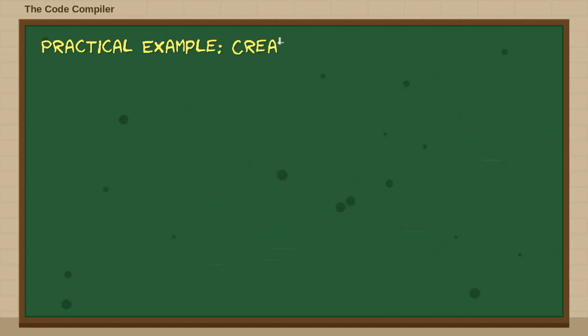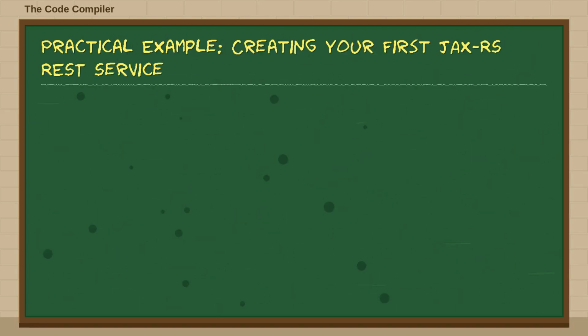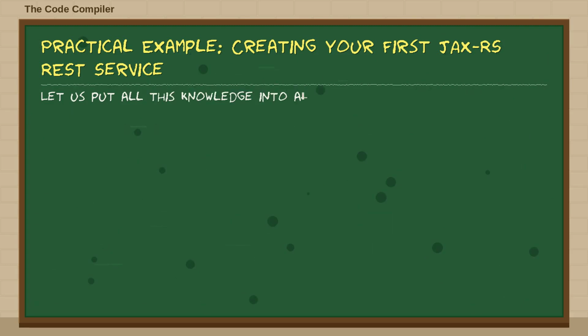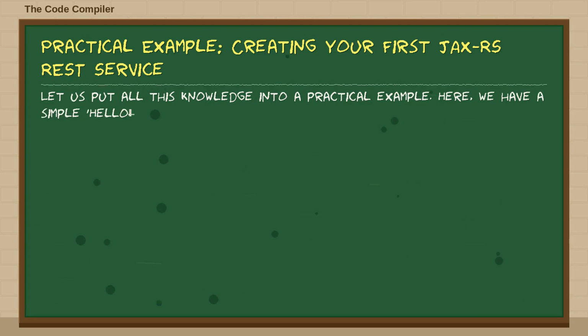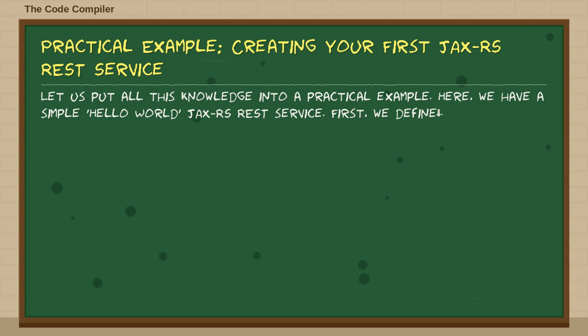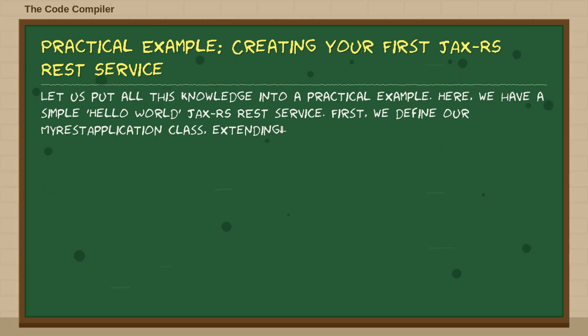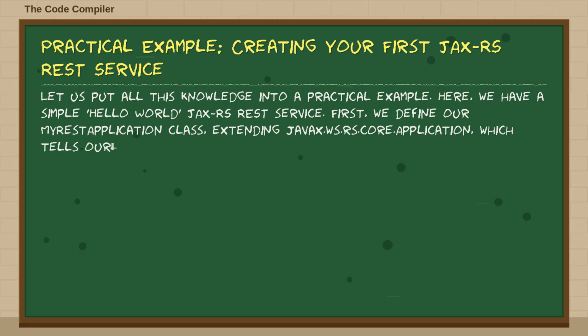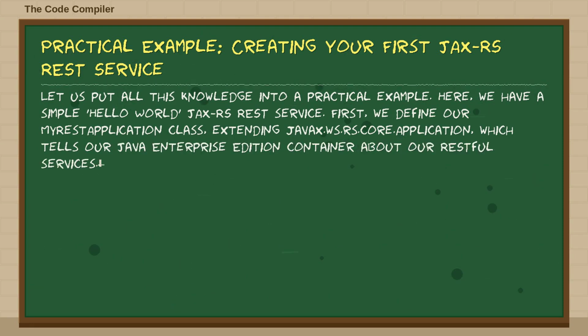Let us put all this knowledge into a practical example. Here, we have a simple Hello World JAX-RS REST service. First, we define our MyREST application class, extending javax.ws.rs.core.Application, which tells our Java Enterprise Edition container about our RESTful services.